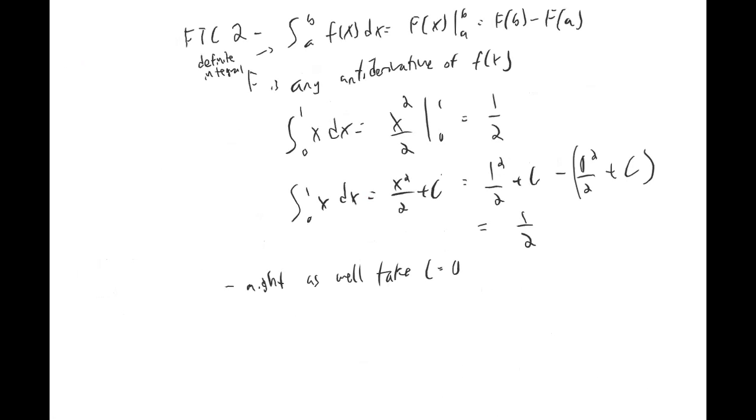Oh, sorry, there should be 0 to 1. Yeah, so for FTC2, just choose C to be 0. Don't make things harder for yourself.